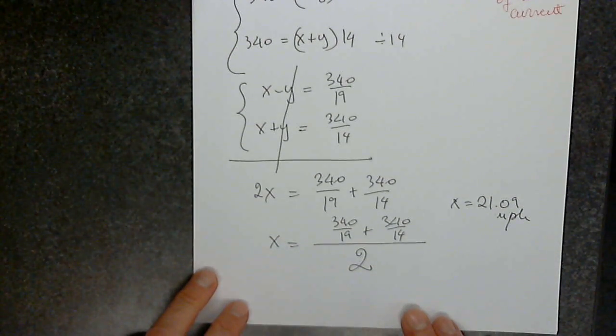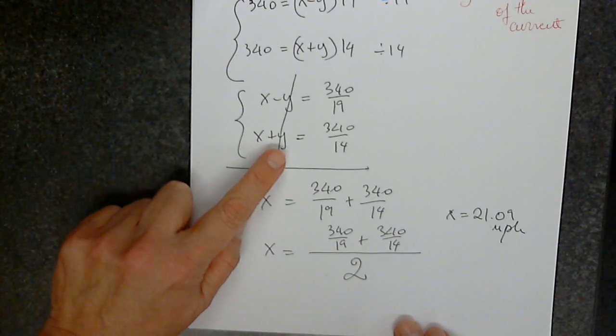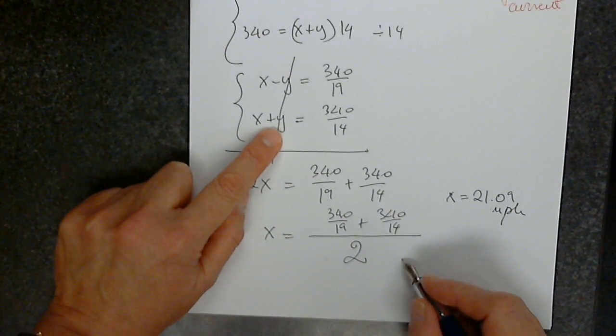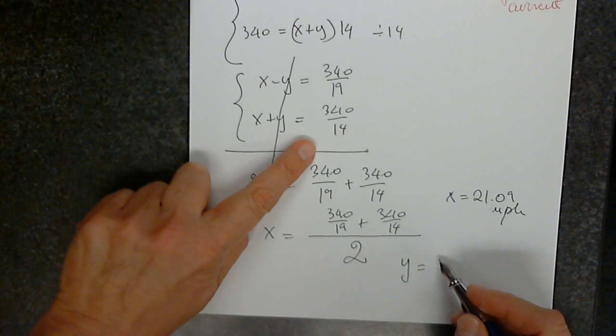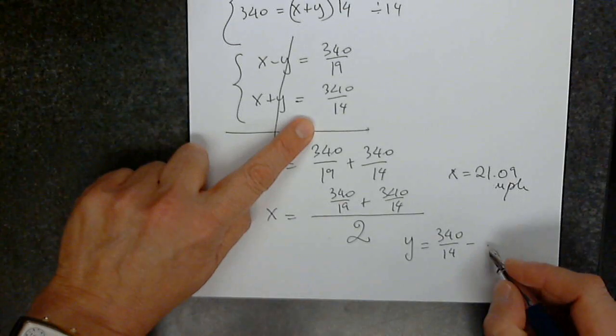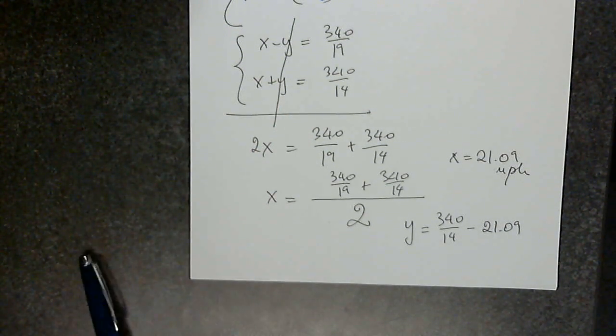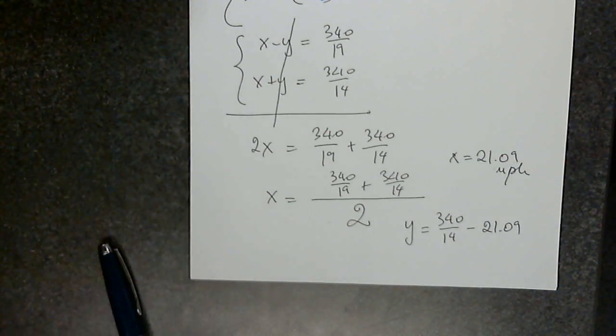Good. Now I need to determine y. Just put it in. Exactly. So I will determine y by subtracting x from this, minus 21.09. Back to the calculator. I will type in 340 divided by 14, and I will subtract the previous answer.